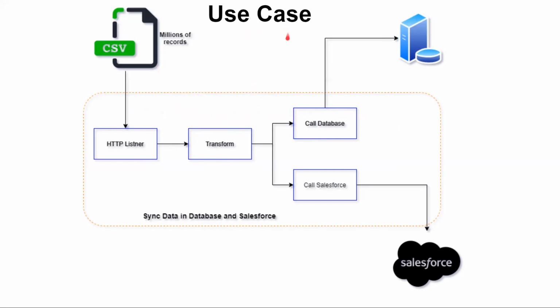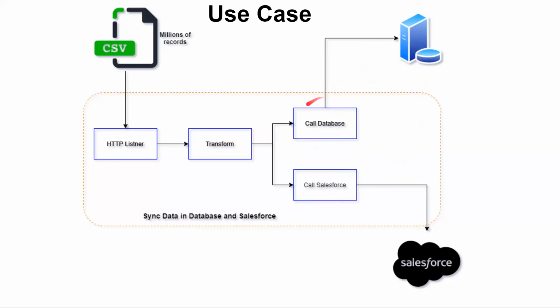And as a MuleSoft architect, if the requirement is something like this, when you are getting data, this data should go to all the targets or none of the targets, right? So let's say I got the data, I have written data to the database properly, and then when I was sending data to Salesforce, I got an exception. What happens to this data which was written to the database? Right?